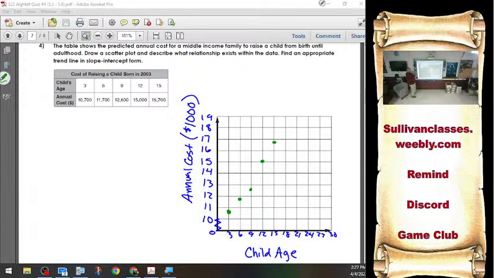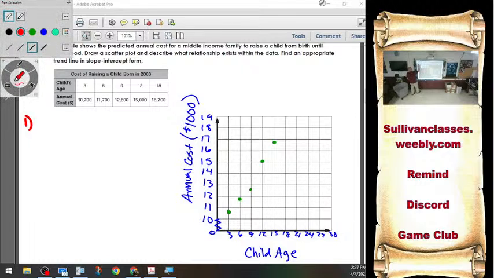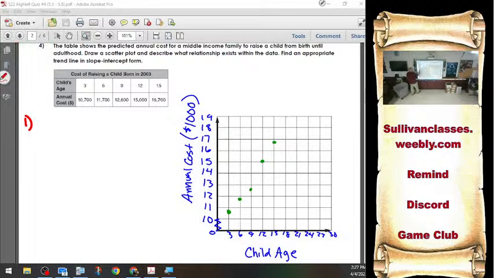The trend line had 3 rules. 1, go through 2 points. At a minimum, you want to go through 2 points, because those are what you're going to use to make your line equation. 2, I kind of want to go down the middle and have the general trend or slope.